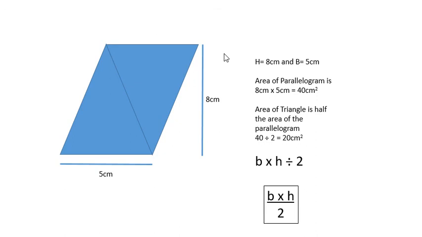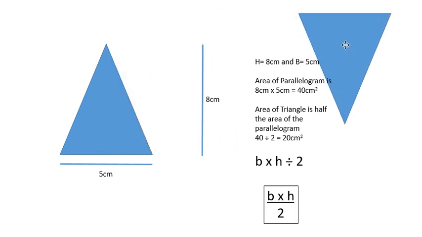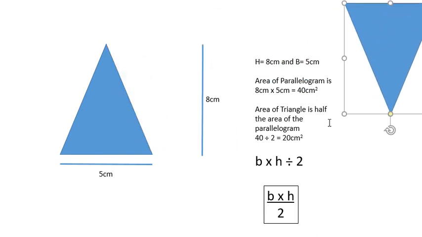So now I can find the area of my parallelogram, because 5 times 8 is 40 centimeters squared. But if you don't want the parallelogram, you want just the triangle, you may do 40 divided by 2, which is 20 centimeters squared. Please draw them out if needed. That way you get more comfortable with being able to find the area of a triangle.